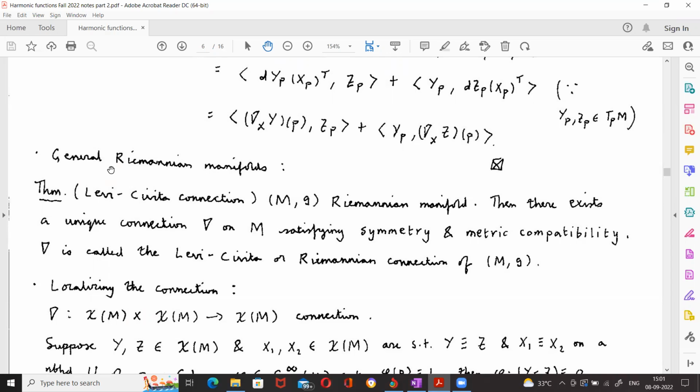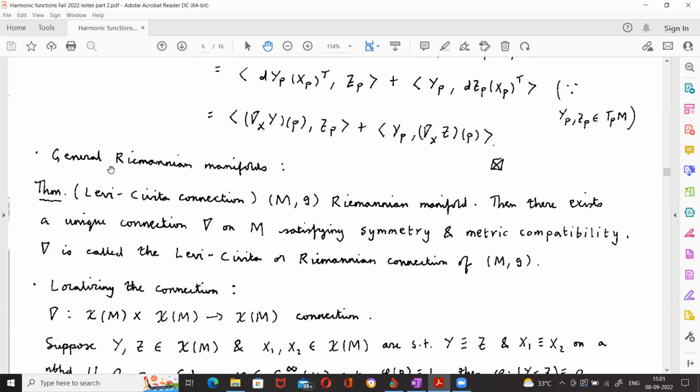We would like to define covariant derivatives of vector fields. Now on a general manifold, like we showed the existence of a Riemannian metric by using partitions of unity, you can also show the existence of a connection. Using partitions of unity, you can define a connection on any Riemannian manifold.